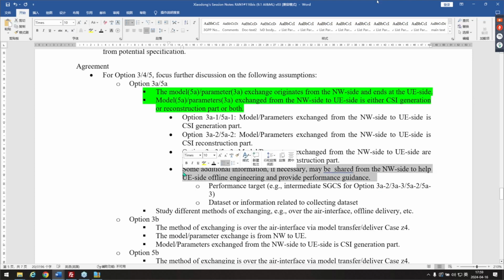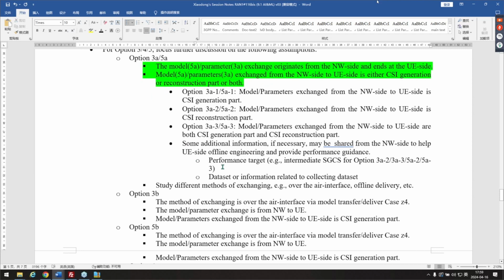I have one more comment on the first sub-bullet. For the performance target point, in our understanding, all of the options may send some performance target, even including 3A-1 and 5A-1, because in that way you can send only the SGCS or an MSE only for the CSI generation part. So that way is also workable.